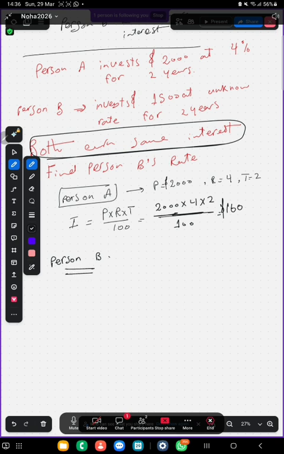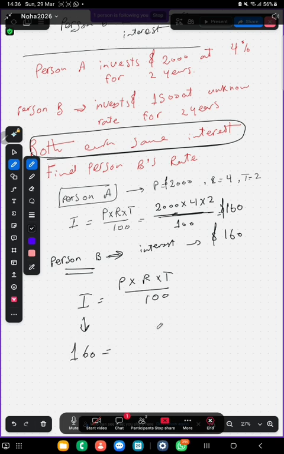So person B's interest is also $160. Now let's put our rule, I equals P times R times T over 100, and substitute. While substituting, put I as 160, because you don't have R. He invested 1,500 at an unknown rate.